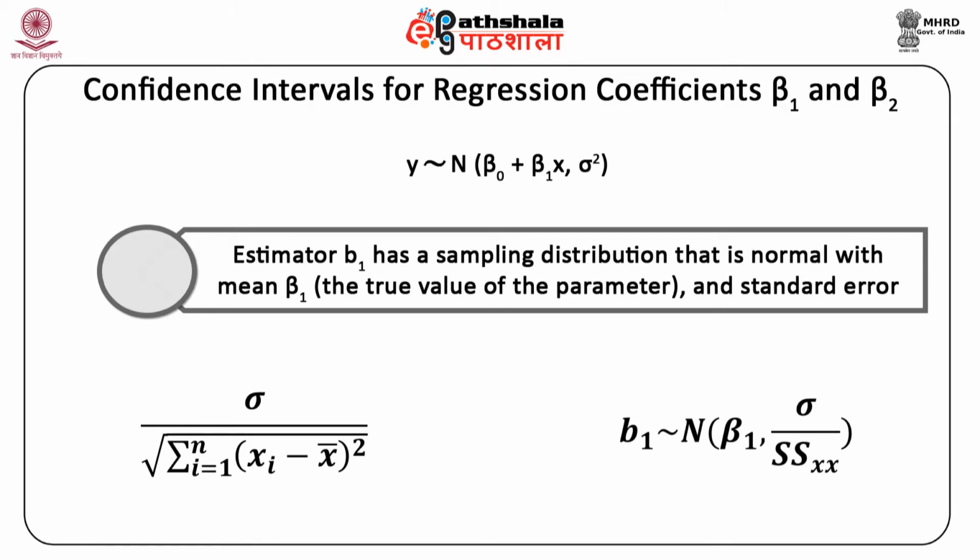That is, b1 is normally distributed with beta 1 as mean and variance sigma squared by SSXX, where SSXX is the sum of squares of x from x only.